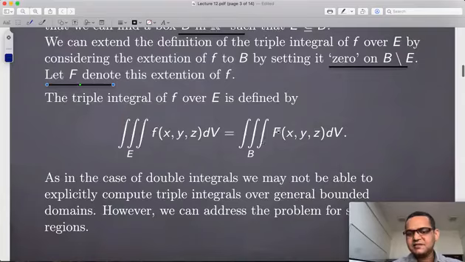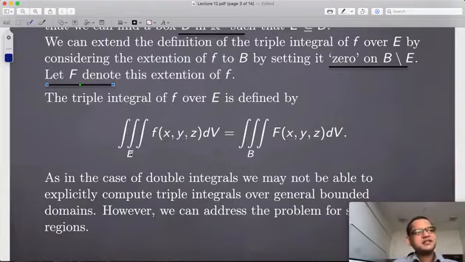This capital F is a new function, and the box is the one which contains E. Of course, when I say this, this integral has to make sense, it has to exist. But the advantage here is that capital F is a function on a box, and the definition we know. So once I have this, I can talk about the triple integral over any bounded region.